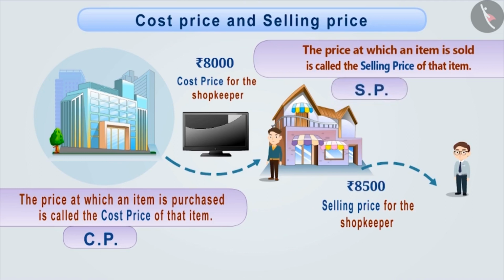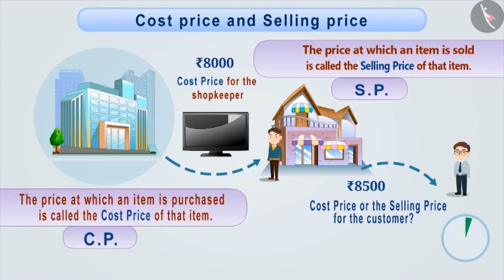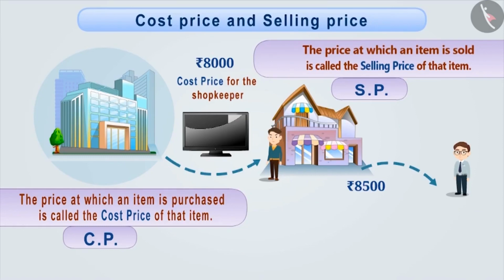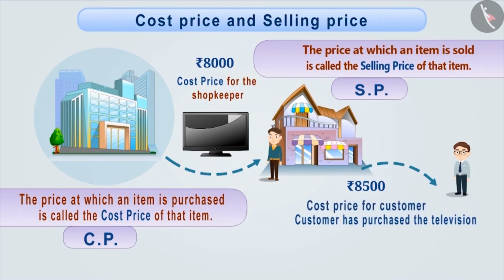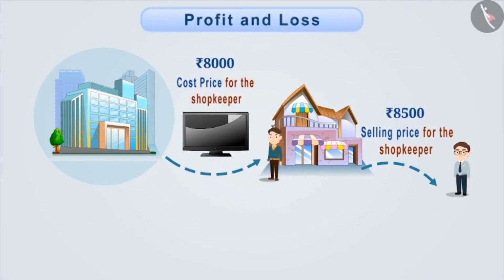Can you tell whether Rs 8,500 is the cost price or the selling price for the customer? Think for a while. Absolutely correct. Since the customer purchased the television for Rs 8,500, therefore, Rs 8,500 is the cost price for the customer.